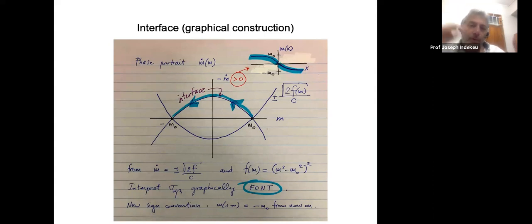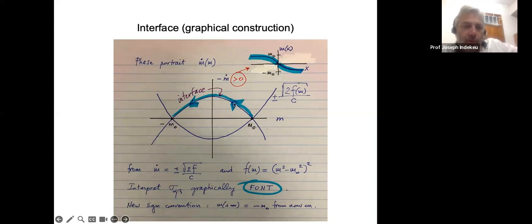And so these lines, these parabolae that are drawn here in this phase portrait, are like separatrices of orbits that either remain confined or that diverge all the way to infinity. And so this is like a borderline trajectory or separatrix that will take us precisely from this fixed point value, which is m0, to this one, which is minus m0.